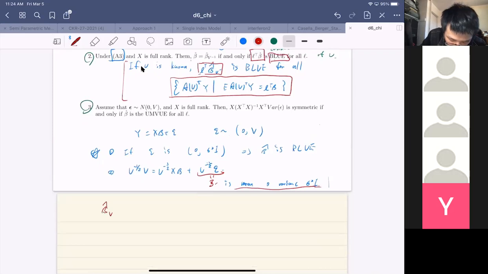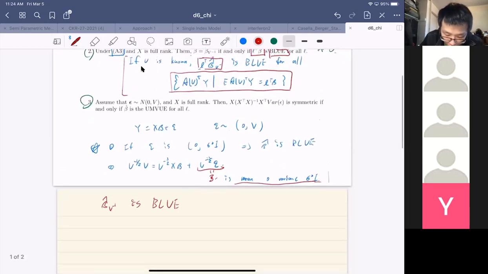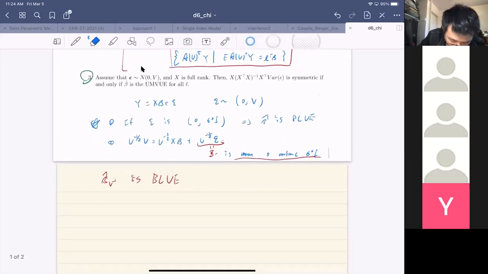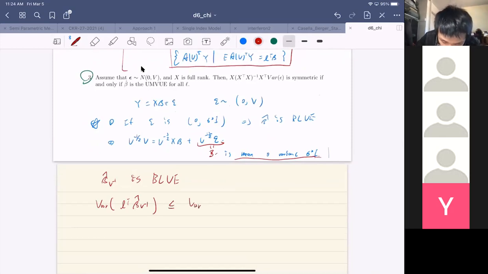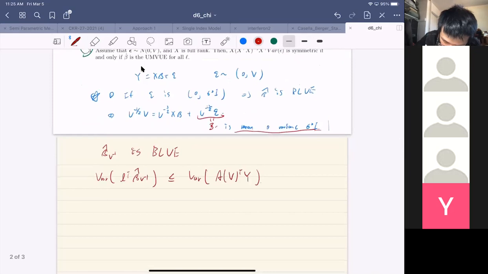So when we say the weighted estimate is BLUE, here we say the variance of L transpose beta hat is smaller than or equal to the variance of A, and the A can be a function of V, and also they have to satisfy that the average of this is equal to L transpose beta.